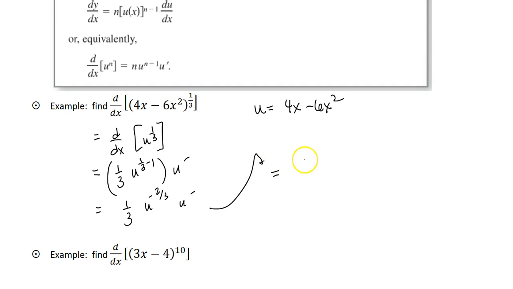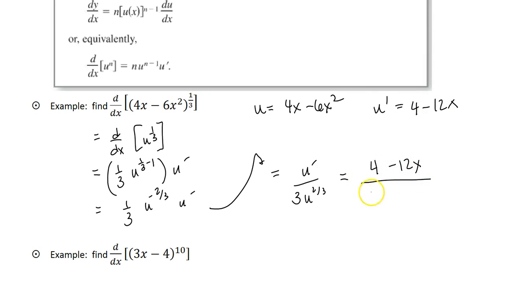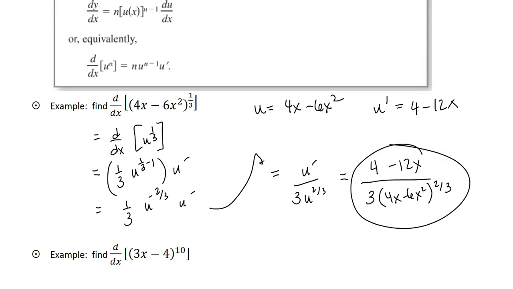Or we could write this as u prime divided by 3u to the 2/3. And u prime here is going to be 4 minus 12x. So when we plug that in, we get 4 minus 12x divided by 3 times 4x minus 6x squared to the 2/3 power. And you don't really have to do anything to simplify that. That's about as far as it'll go.